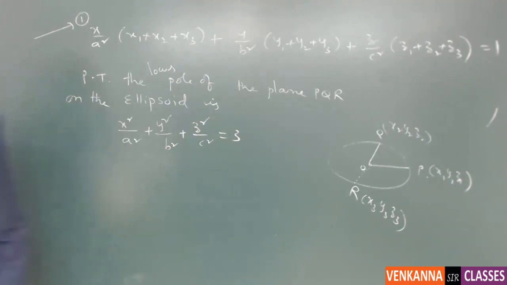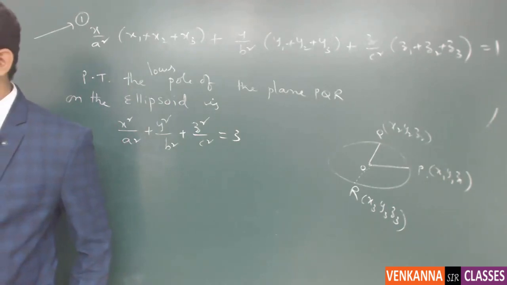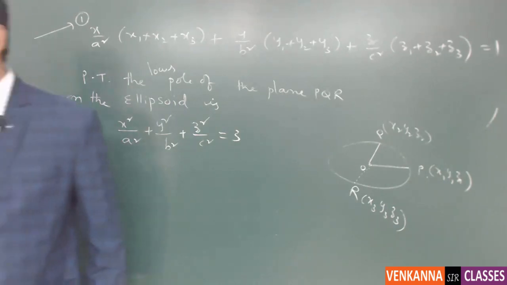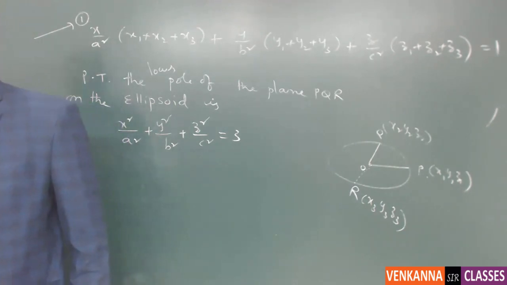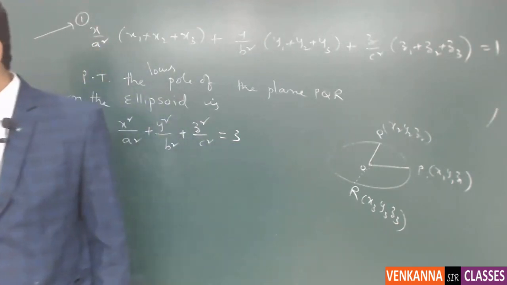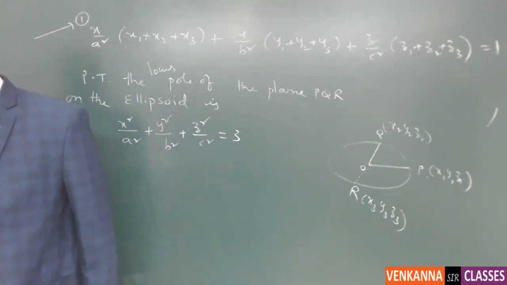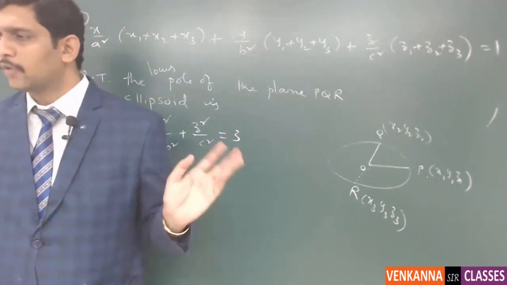What are we doing actually here? Right. So this is the ellipsoid. Yes, by putting the 3 points, we will get the answer. Again, I will tell you the way we are going to solve this.